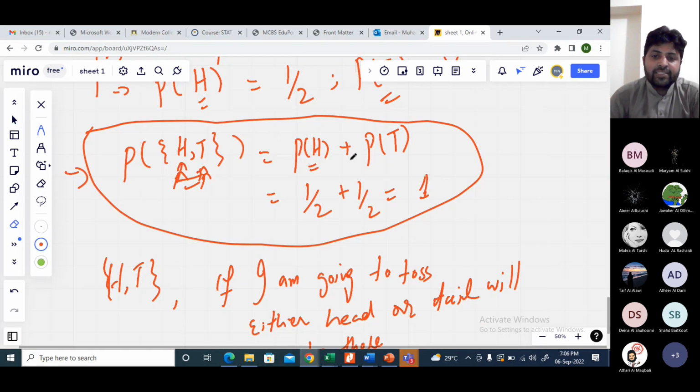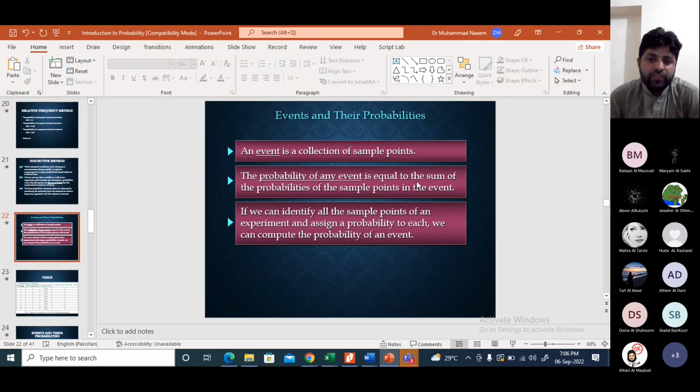So the probability is the sum of the two sample points: the probability of head plus the probability of tail, 1/2 plus 1/2 equals 100%. That is the meaning of this statement. If we can identify all sample points of an experiment and assign probability to each, we can compute the probability of an event. It's simple.